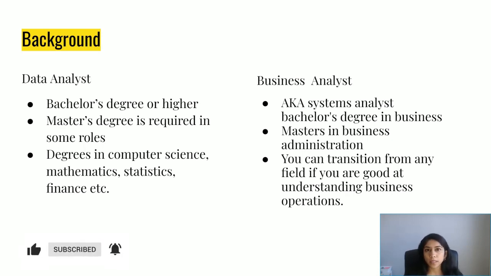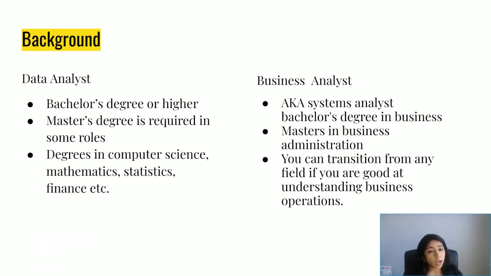And when it comes to a business analyst, it's also known as a systems analyst, someone who is very passionate about the different business operations and helps understand the entire system better. So they usually come from a business sort of background, more of a people-oriented job, like an MBA or any other sort of undergrad in business administration roles.